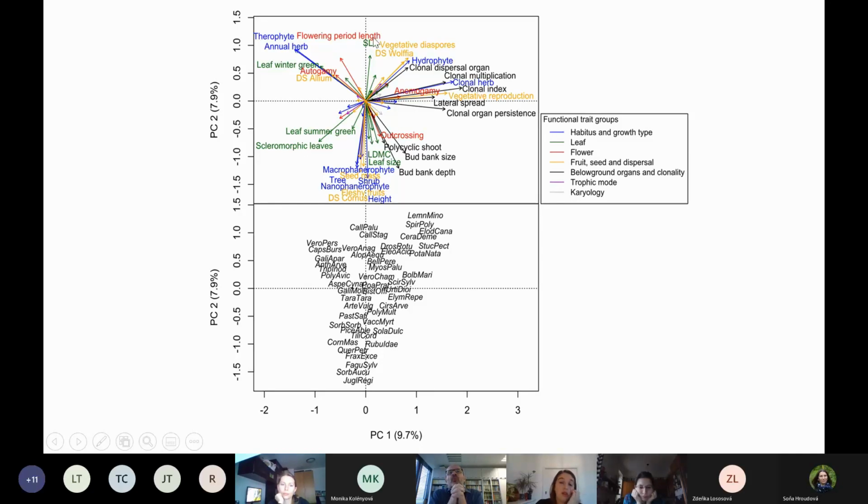The leaf economic spectrum represents an axis of investment strategy of the leaves. In here, the plants would be, let's say, more conservative, and here they would spend more energy and produce more leaves that are thin, that are not so strong.